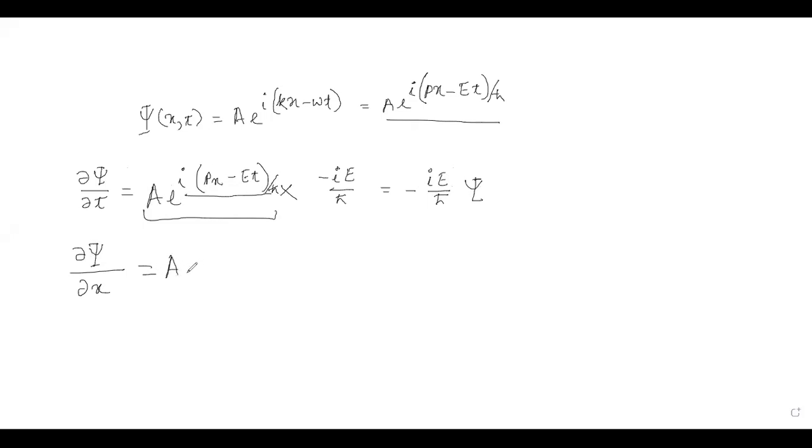You will get A e to the power i(px minus Et) divided by h bar, multiplied by the derivative of the exponent with respect to x, which is i times p by h bar. So this is nothing but i times p by h bar capital psi.